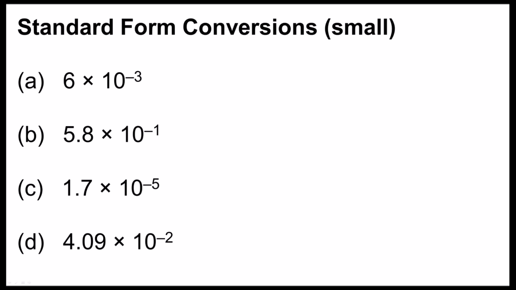Our first question asks us to convert 6 times 10 to the power of minus 3 from standard form into an ordinary number. I'm going to start by looking at the power, which is minus 3. I'm therefore going to write down 3 zeros. So you can see that's 1, 2, 3 in total.